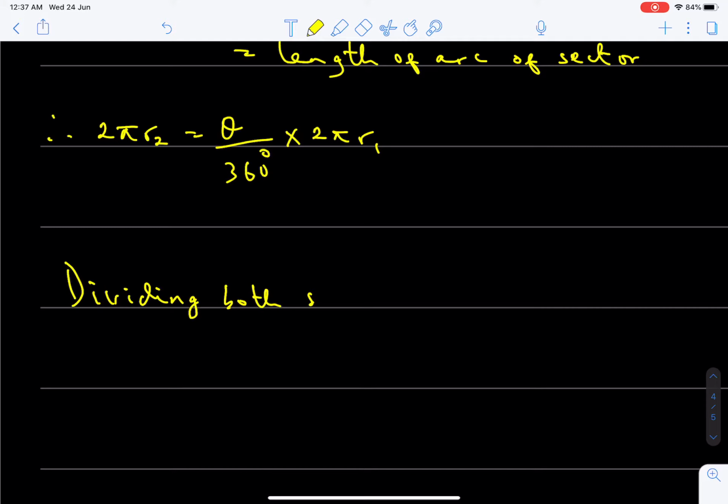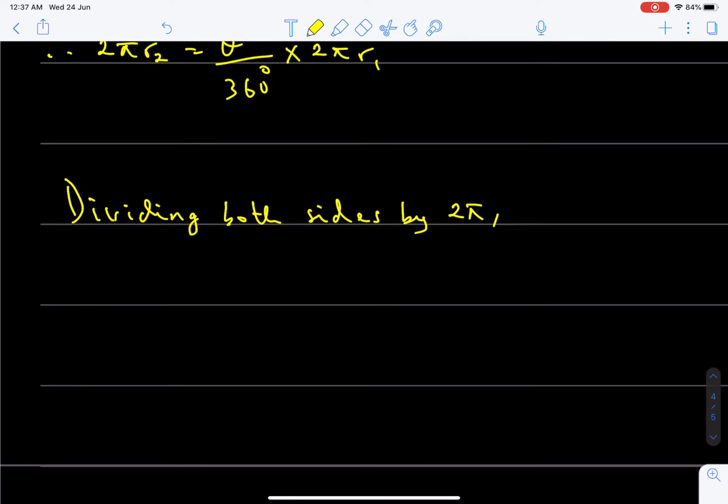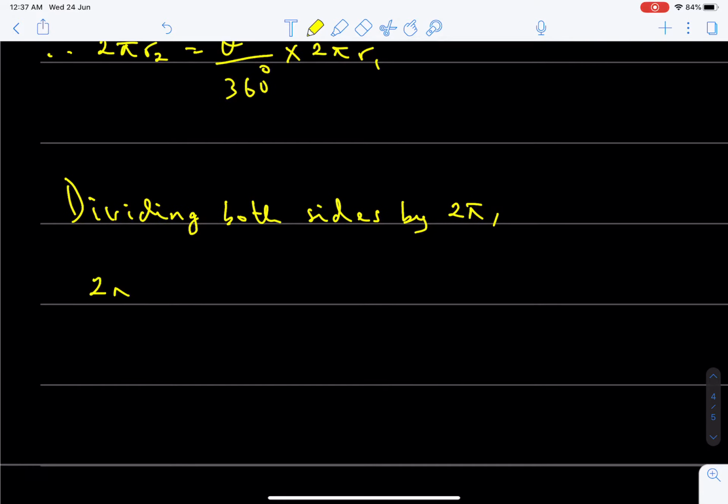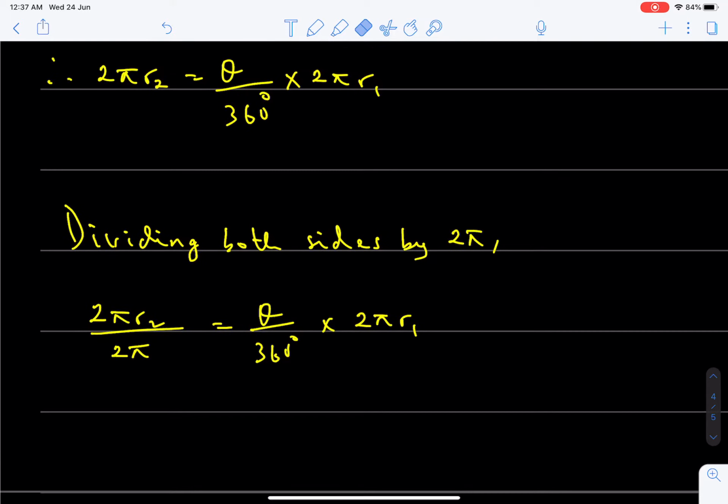That means 2 pi r2 divided by 2 pi is equal to theta over 360 degrees times 2 pi r1, divided by 2 pi.